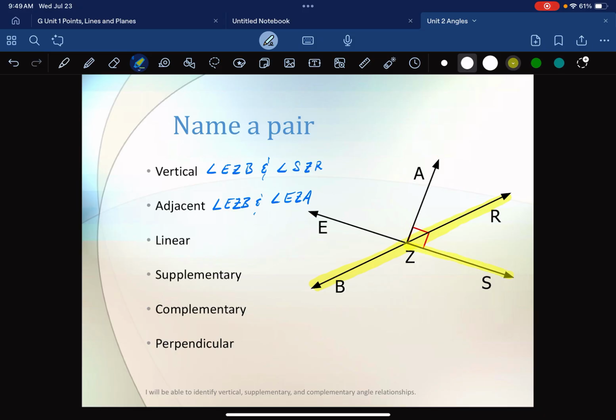Let's do ZS. And so there you see there's a pair of angles now that I've highlighted. It's this angle here and this angle here. And that's our linear pair. So we're going to call this angle RZS, and we'll call this other one SZB.